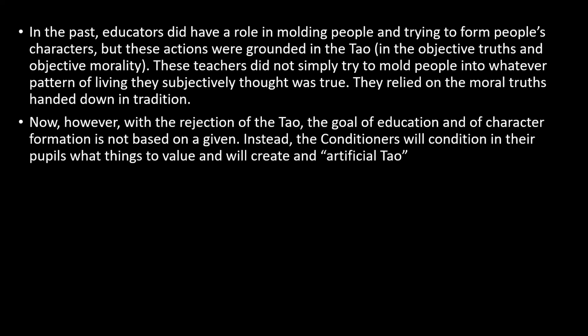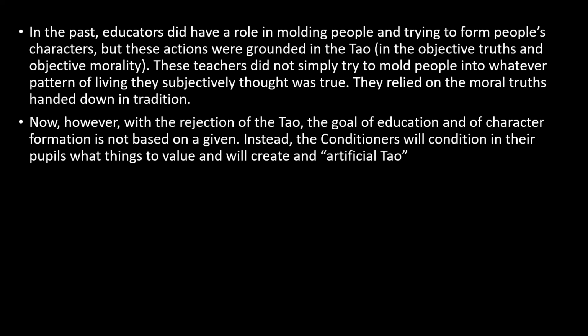And so instead, the conditioners will have to condition their pupils and have to influence and persuade and convince their pupils what is good and what is not, what things they should value and what things can have lesser value. And so ultimately Lewis is going to say that they're going to essentially create this artificial Tao.